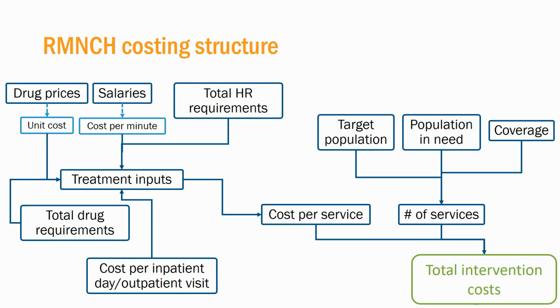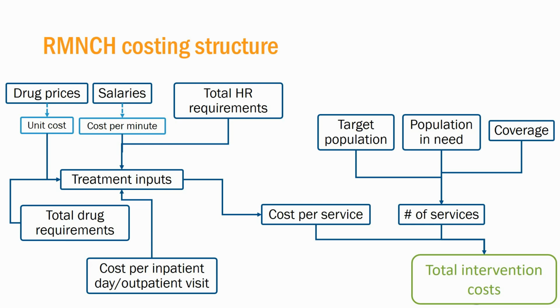And then we multiply how much those things cost with how much we need of them. So for drug prices, how many drugs do we need, and how much do they cost, in order to calculate the drugs and supply aspect of it.